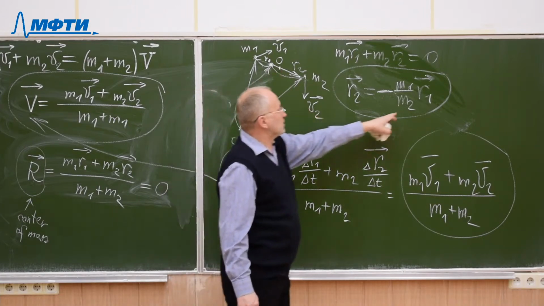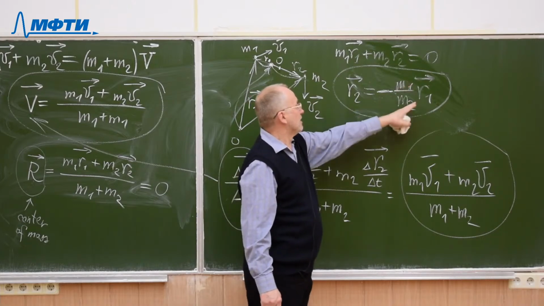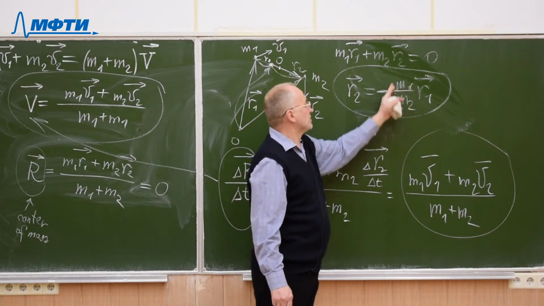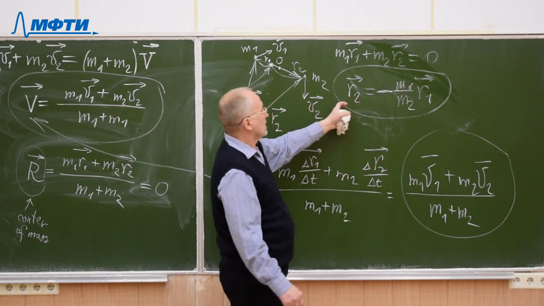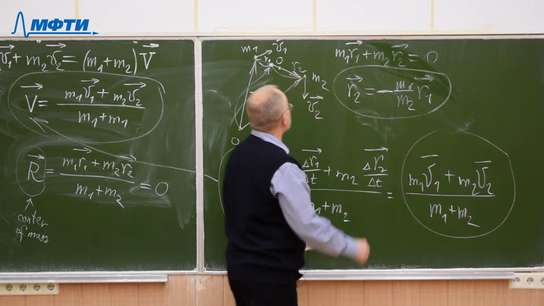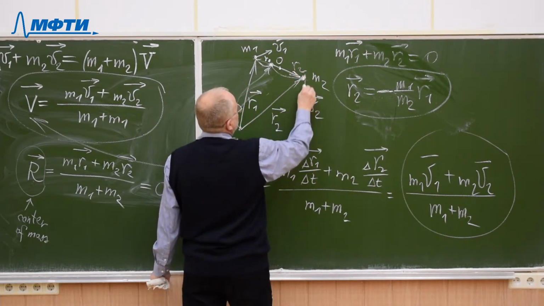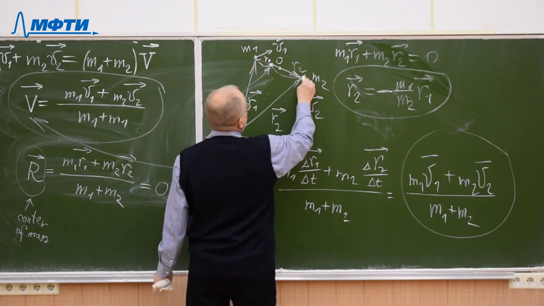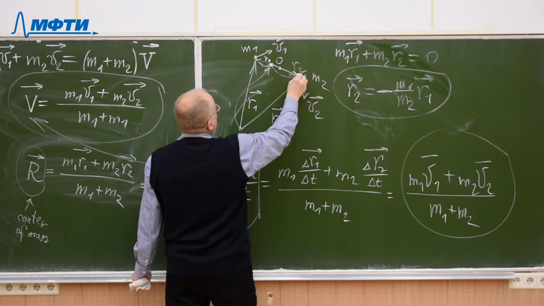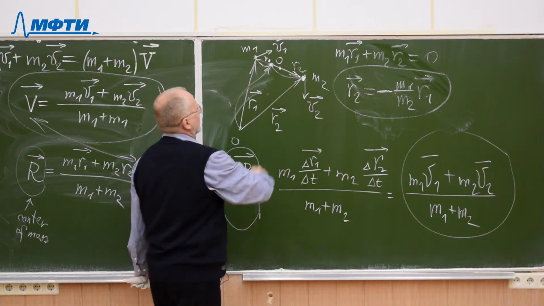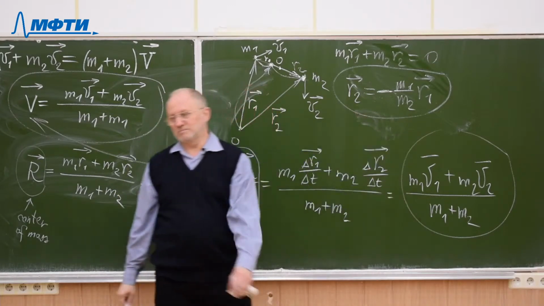If mass 2 is much larger than mass 1, then this coefficient will be much less than unity, and then vector r2 will be smaller than vector r1. In this case, the center of mass will be closer to the heavy mass m2 and farther from the light particle. That is clear from this formula.